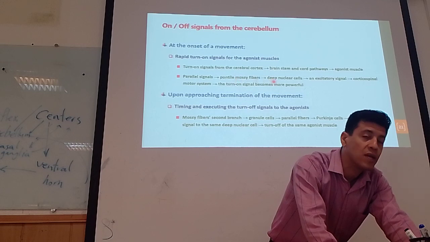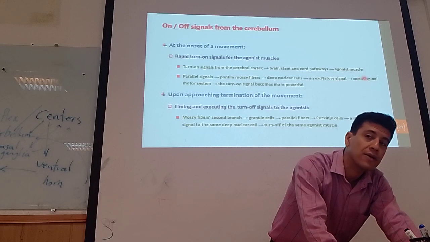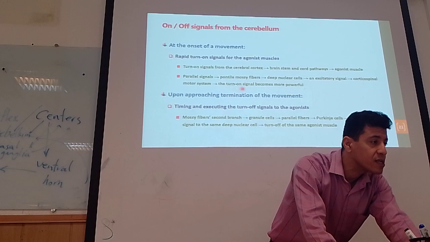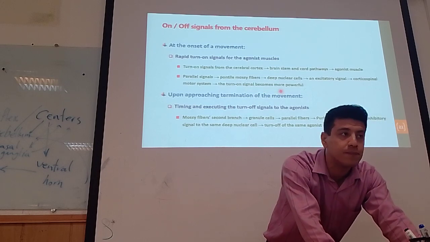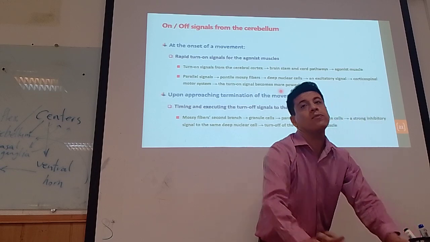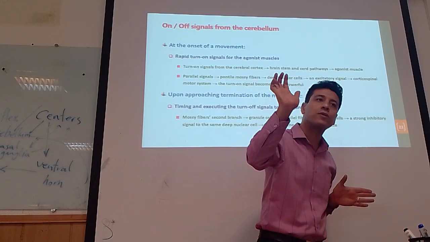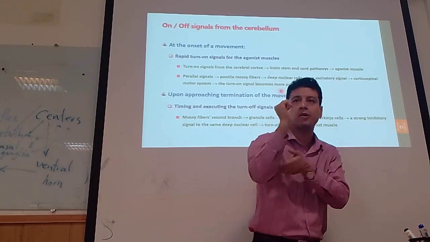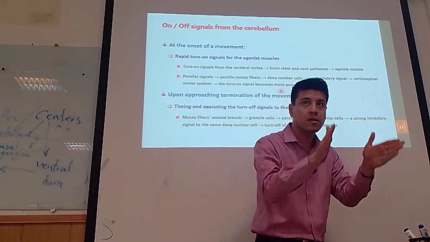They go to the deep nuclear cell. Deep nuclear cell is excited and sends an excitatory signal to the cortex. Corticospinal system is activated, right? So the turn-on signal from the cortex becomes more powerful, right? So the cerebellum supports the cortex to have contraction in the muscle. This is at the onset of the movement.